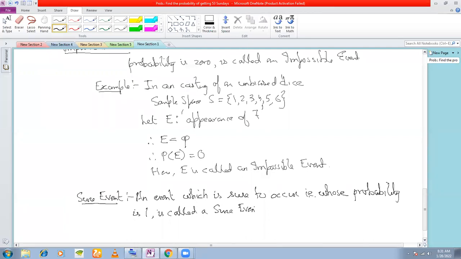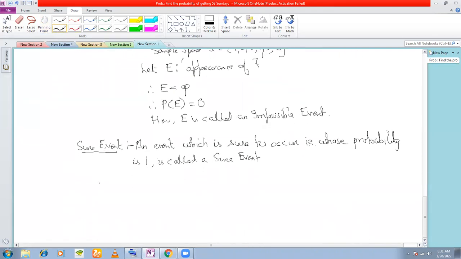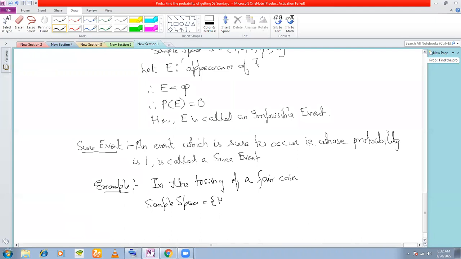Example of a sure event: in the tossing of a fair coin, what is the sample space? H, T.